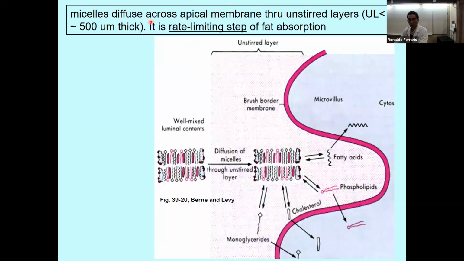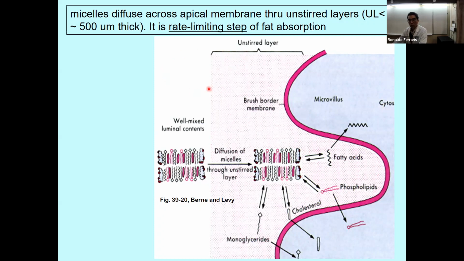So this is a cross section, at very high magnification, of an intestinal cell. This is your lipid bilayer, the brush border membrane, which is the membrane of your intestinal cell. This is your cytosol.